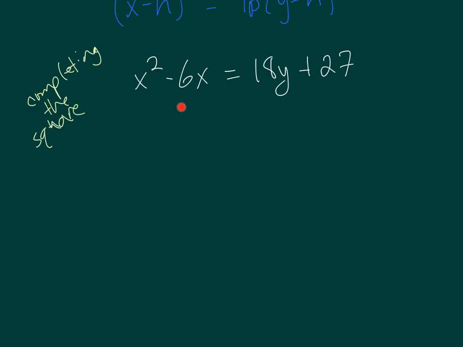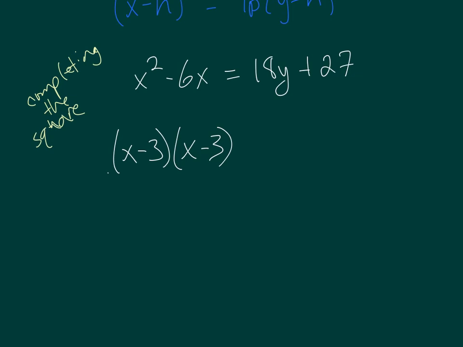Basically what we're going to do is we're going to take this value right here on the left. This is like my b coefficient, and I'm going to cut it in half, and then I'm going to repeat that twice. So half of -6 is -3, and I'm going to repeat that same thing twice.